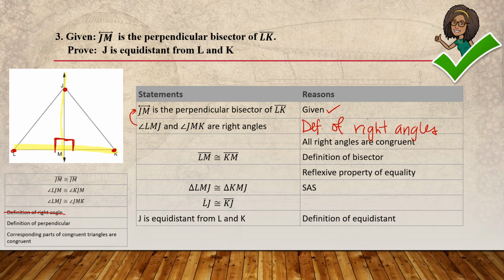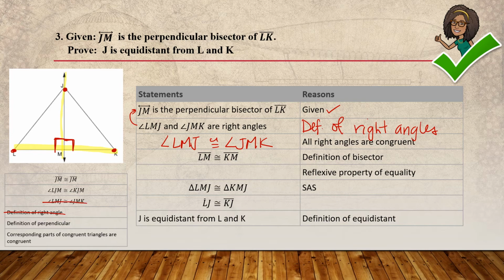All right, so the next one we're trying to find is the statement for the reason that all right angles are congruent. So if I have two lines that are perpendicular and they create right angles, and now the reason is all right angles are congruent, then that only leads me to believe that these two angles, L and J, if they're both right angles, are congruent to each other. Right, so these two angles are congruent.